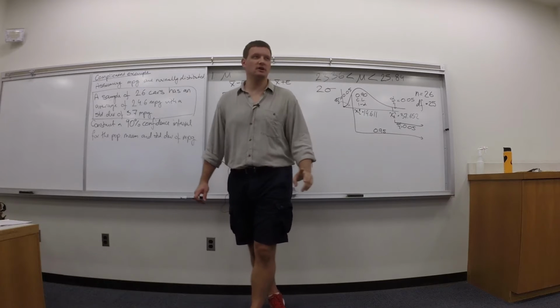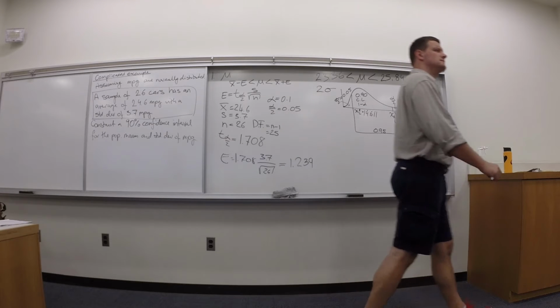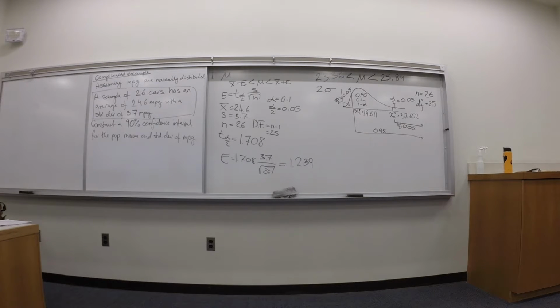Is everybody comfortable getting those two values? And I got them from here. 95 and 25, which is this one, and then 5 and 25, which is this one. 37.652.